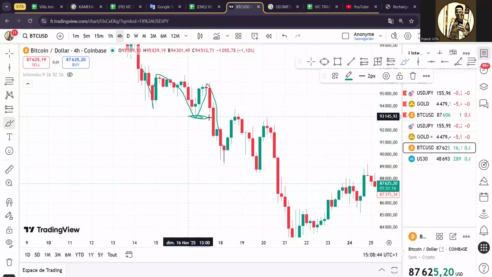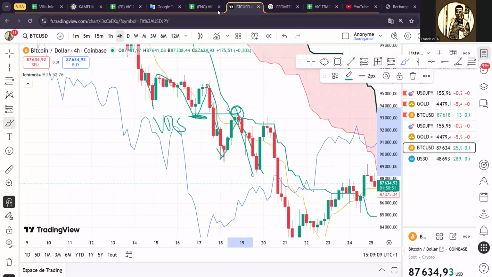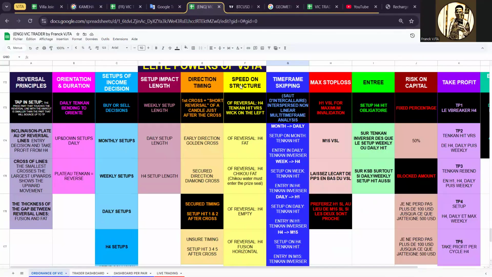But this one was the last support of the previous time. When the candle comes back close to this support on the left of this leg of Fluffy, the candles will stop here and continue. Why? Because this leg of Fluffy broke this V and then continued. This is also a speed of continuity. That's very logical. So you see all of the speed of continuity, the speed of structure.